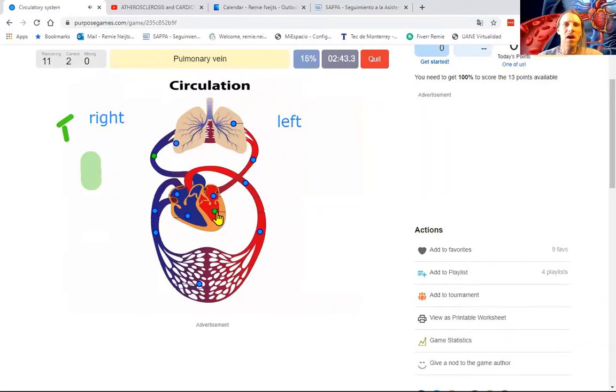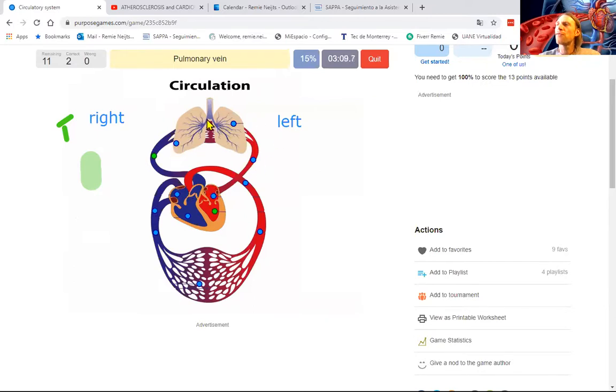Pulmonary vein. Rafael, which one is it? On the left side, on the right side? I would say on the right side? No. On the left side then. Yeah, the left side. Think about the veins.